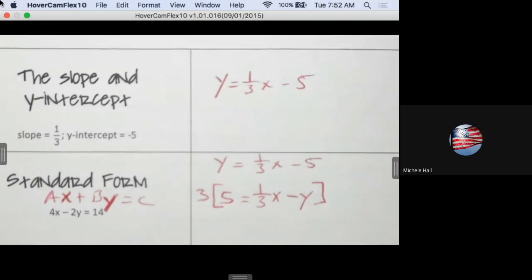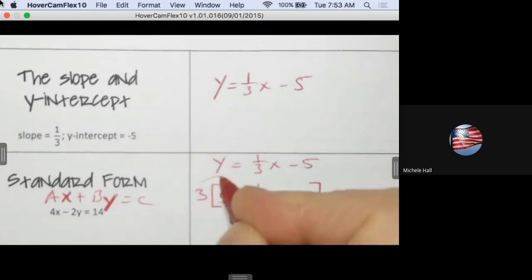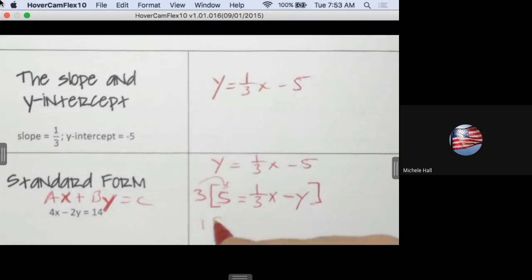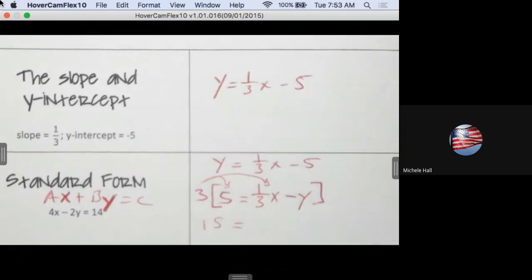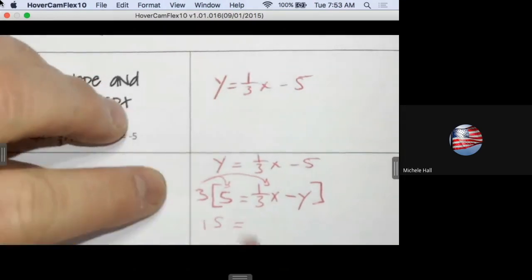How many times am I going to multiply by 3? How many times am I going to use the distributive property? 3 times. So 3 times 5 is 15 equals, what happens when I multiply 3 times 1/3 x? Very good. So the 3's are going to cancel, because this is in the numerator.